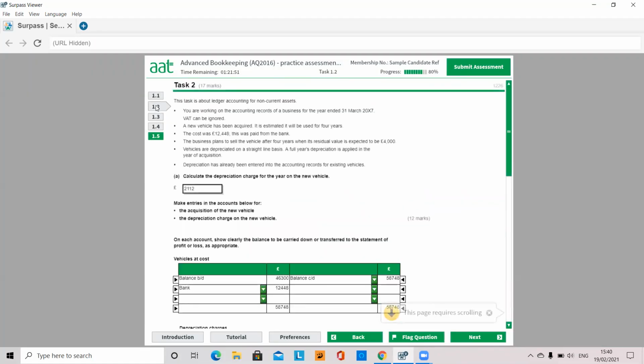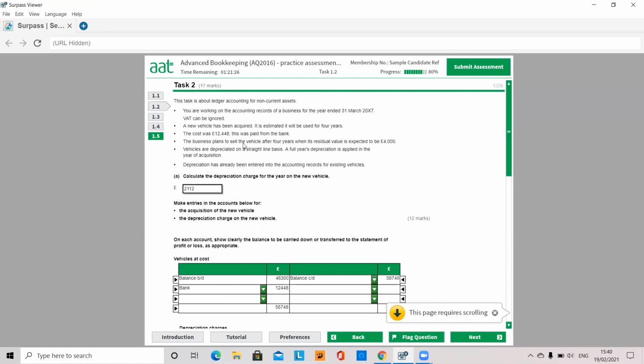1.2 is a question here to do with non-current assets, and it said you're working on the accounting records for a business at 31st of March 2007. Again, a new vehicle is being acquired and it's estimated it will have a useful life of 4 years. The cost was £12,448 and this was paid from the bank.